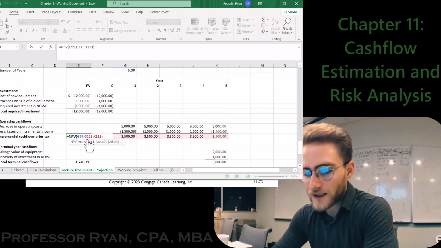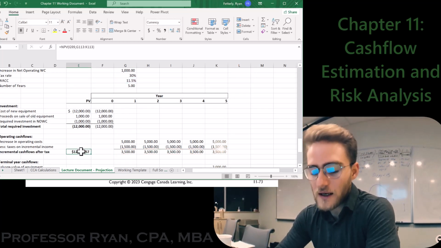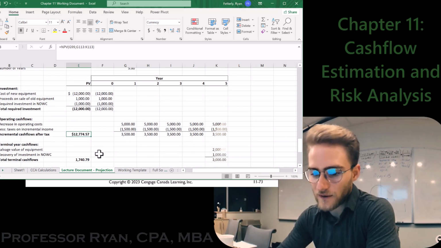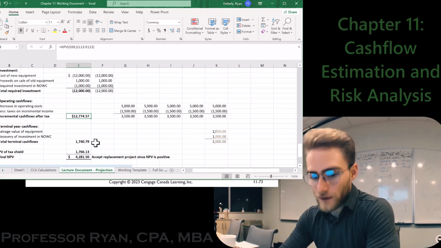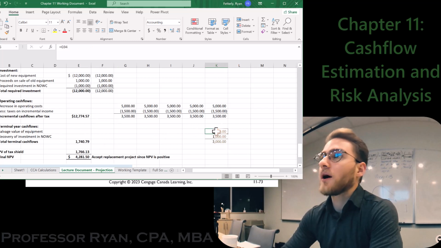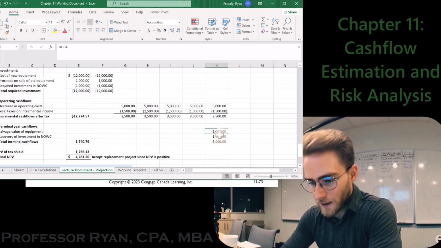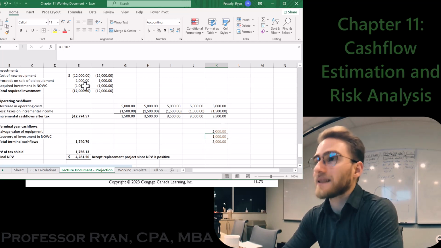The present value of this, right? If I just do a quick NPV calculation and I use the 11.5% weighted average cost of capital, the present value of my incremental cash flows is $12,774,000, okay? And then at the end of it, I also have to remember I get $2 million on my equipment, right? And that's the sale of my equipment. And then I also get a recovery of $1 million on the net operating working capital that I spent at year 1, right?